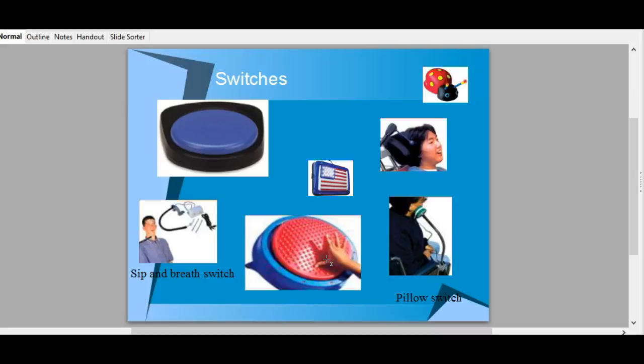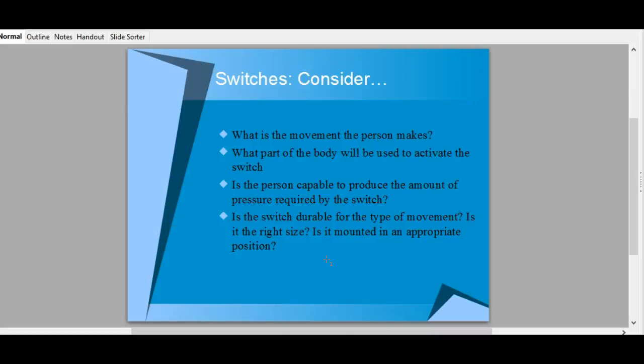To a head switch or a chin switch or a little fun ladybug switch or a huge soft rubber ball switch for people's hands. And these again plug or electronically transmit to anything that can be turned on and off and also navigated, like an on-screen keyboard, for example, that people can use with all these switches.